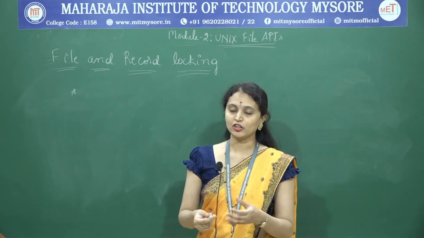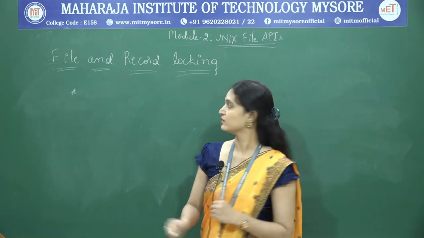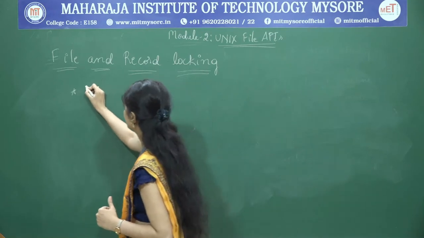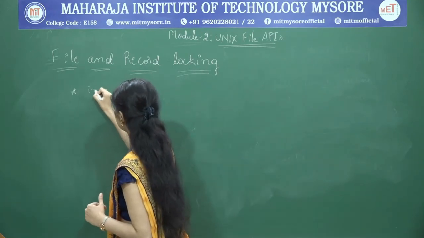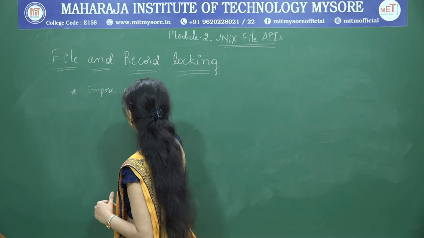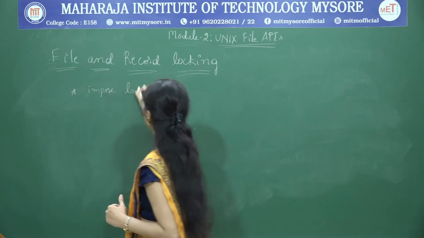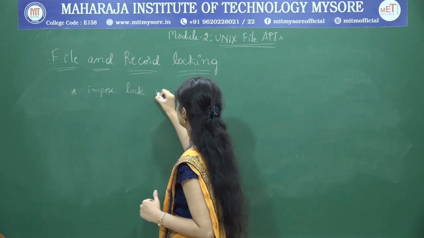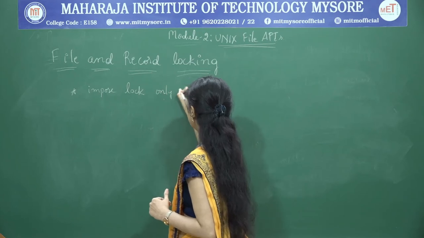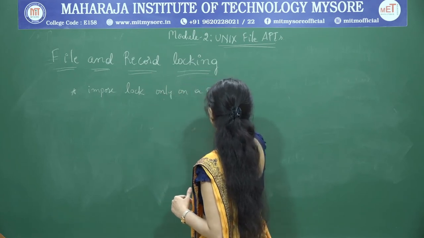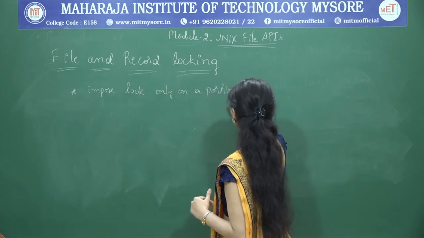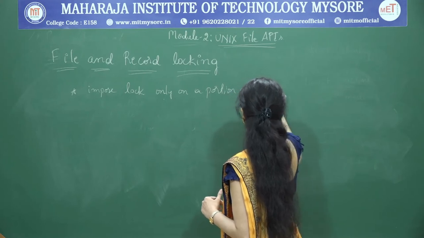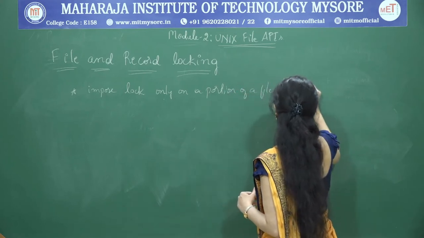It can impose a lock on a particular region of the file also. So, remember that a process can impose a lock only on a portion of a file or the complete file.